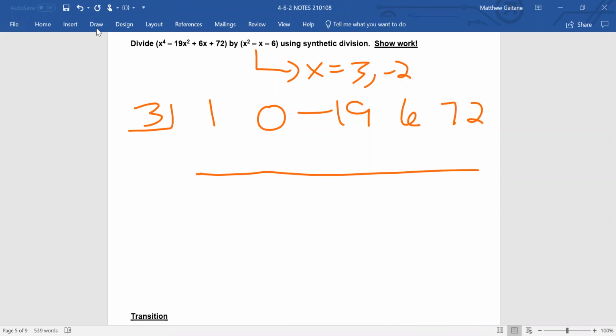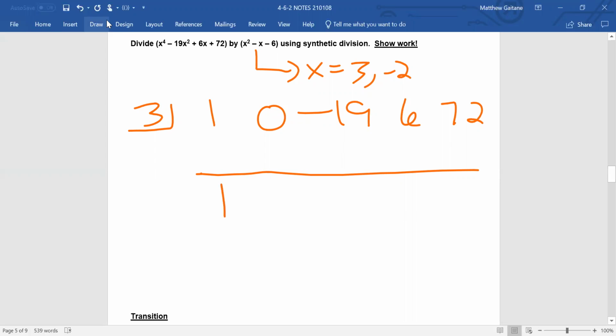So we said the excluded values were 3 and -2. One thing to note about the dividend as well is that we go from x to the 4th power to -19x squared, so you need a placeholder 0 for x to the 3rd power.